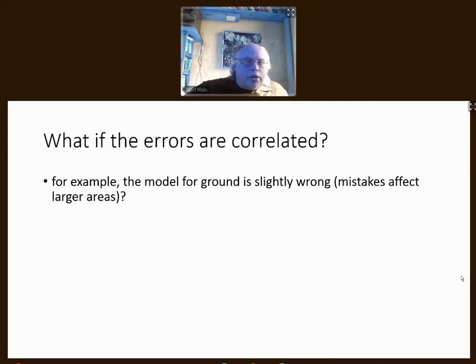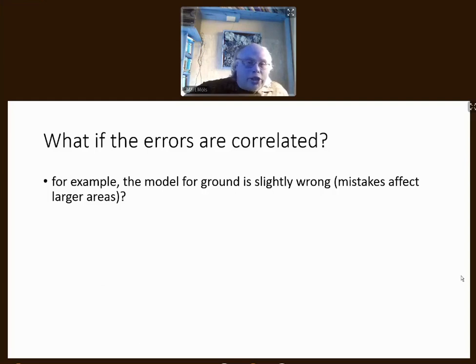So in these situations, these mistakes or errors tend to be similar in larger areas, and in this case we really can't say that all these points in a circle, or the smaller areas within these larger areas, can be considered independent observations or independent entities.